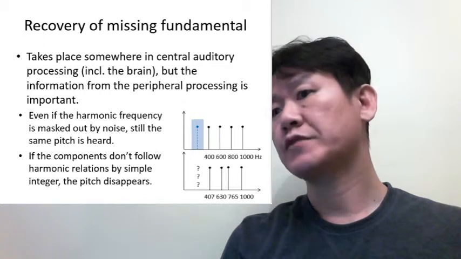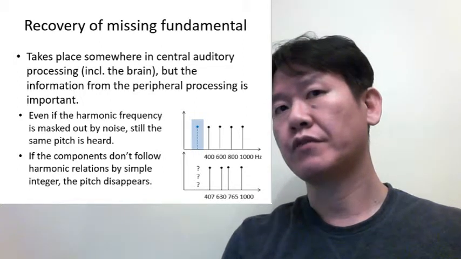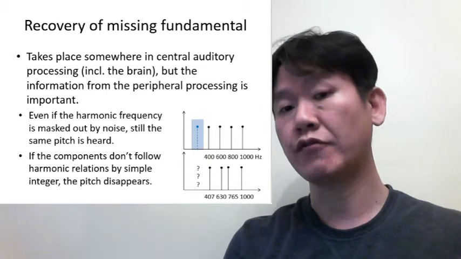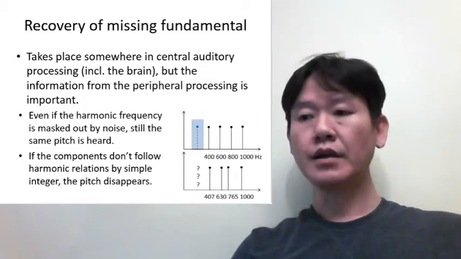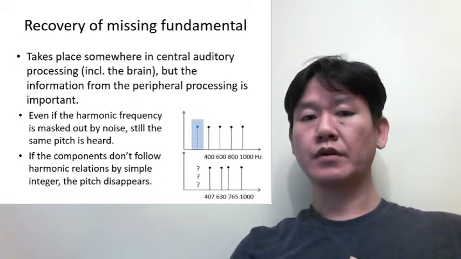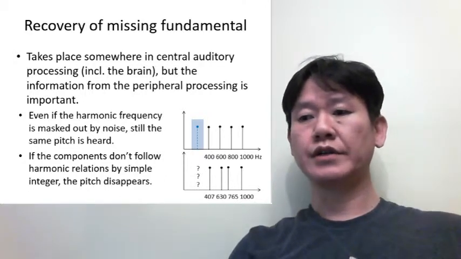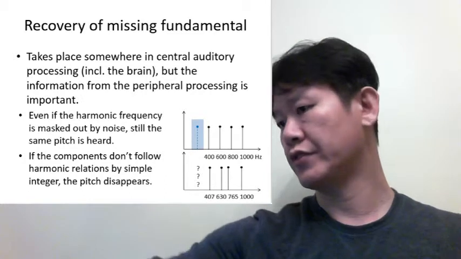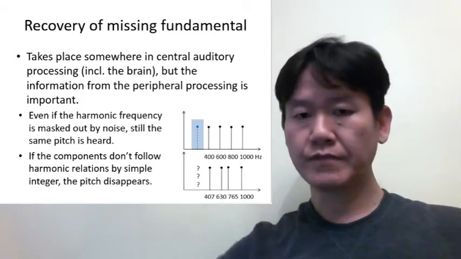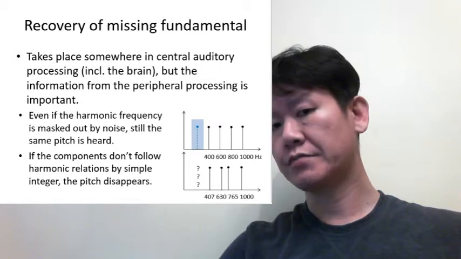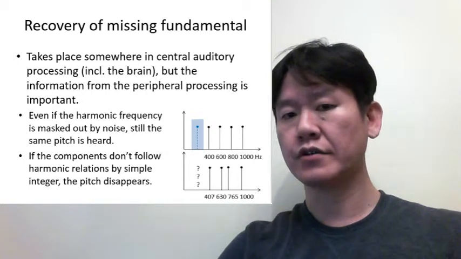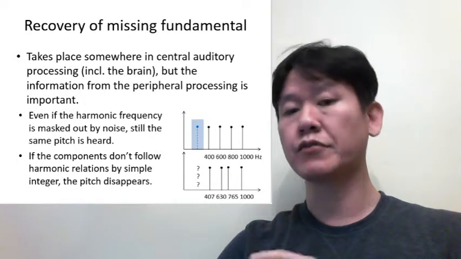Yet still the information from the periphery, from the cochlea, from the frequency resolution and so forth, that information is important. Another evidence that we know is, look at this next picture here. This fundamental frequency 200 hertz component is missing, but 400, 600, 800, 1000 hertz tone components are there.